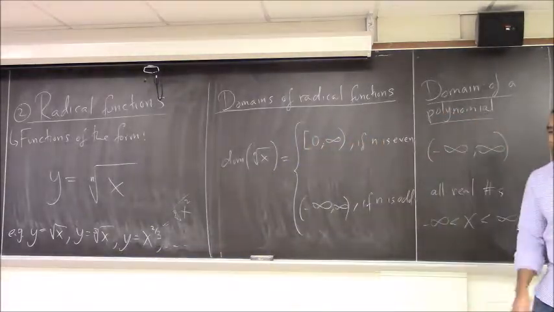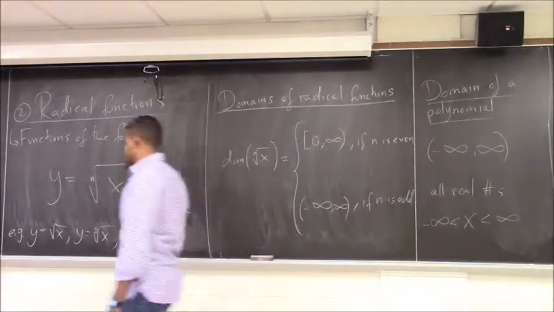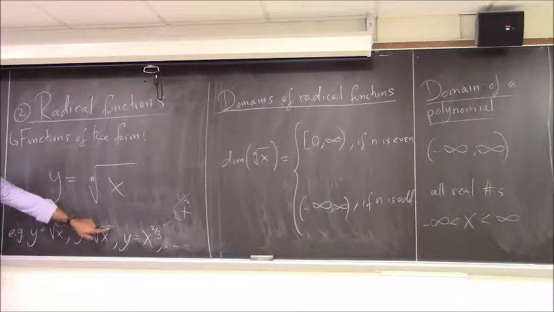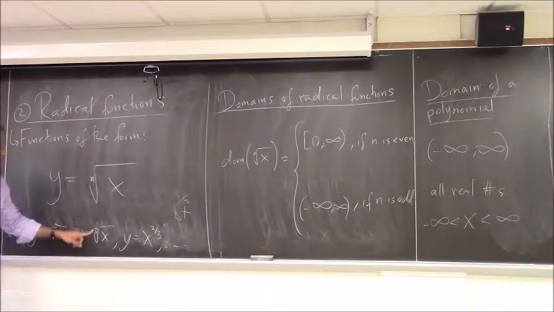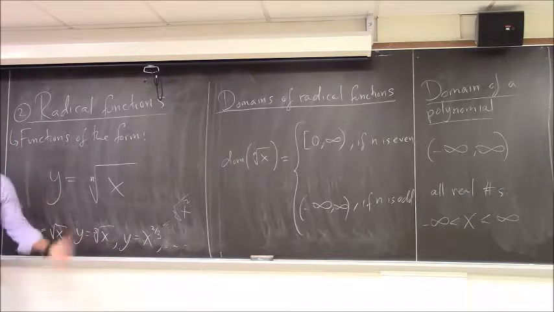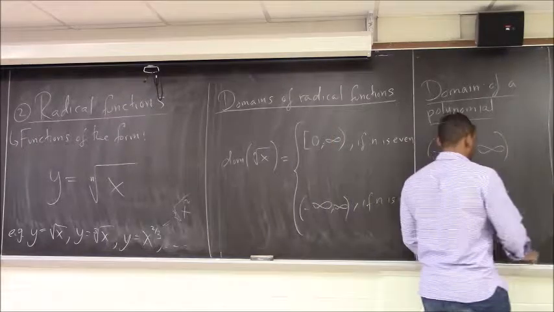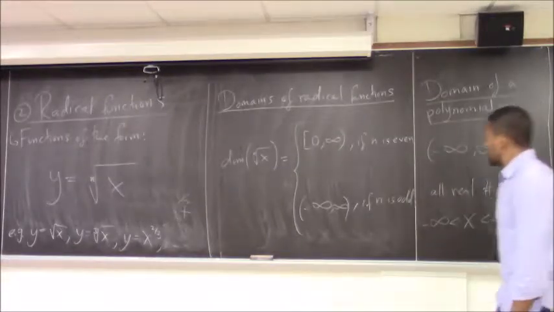So the domain of such functions depends on the little number in front of the radical. If the number on the radical is even, it will only work if what's underneath the radical is 0 or bigger. If the number on the radical is odd, it can work for anything, both negatives and positives. And that would be our domain for radical functions.